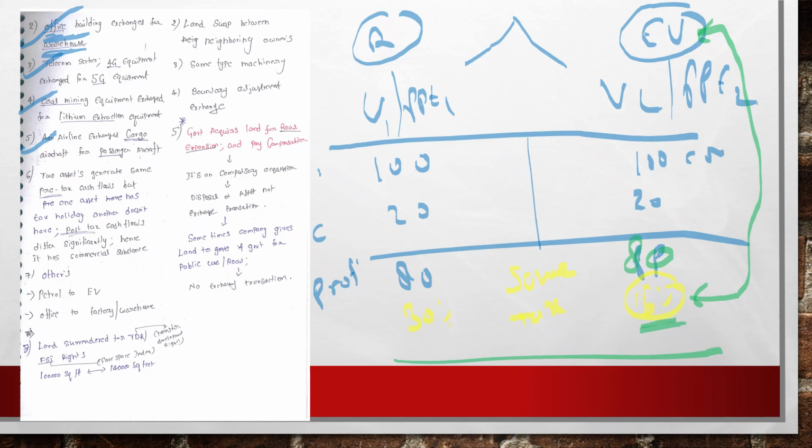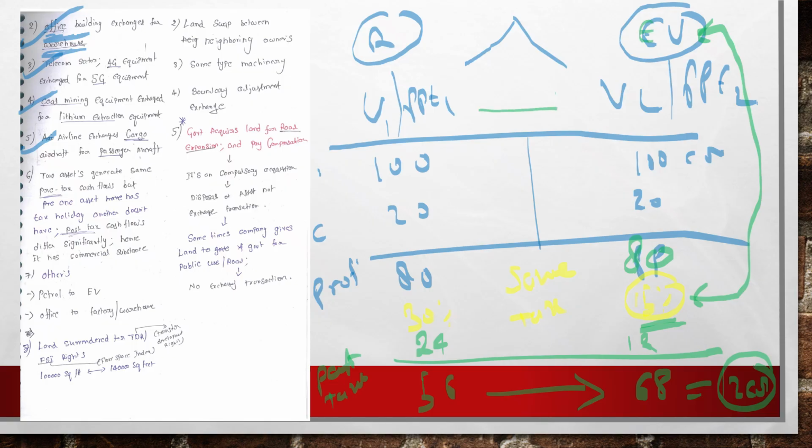In this situation, your net cash flows, post tax benefits. Suppose 24 is your tax value here, and then 12 is your tax value here. You will get 56 and 68 post-tax. See, economically you are getting a 12 crore benefit here while you are using EV machines.